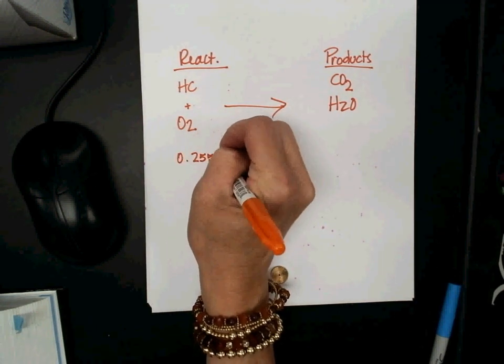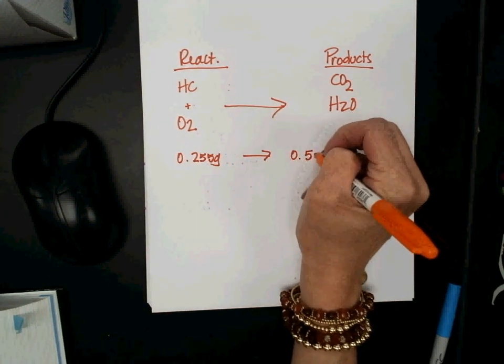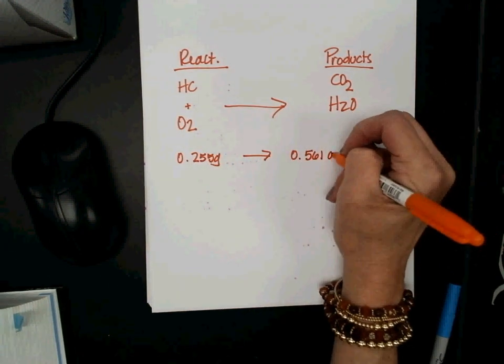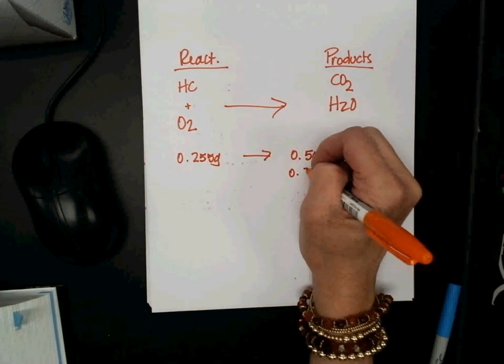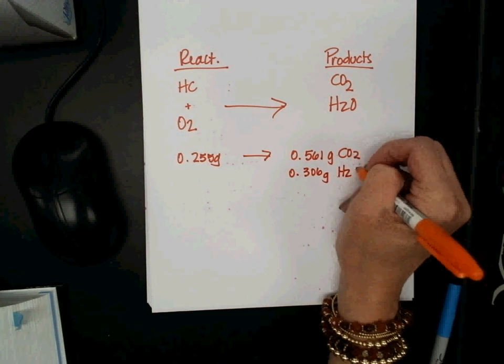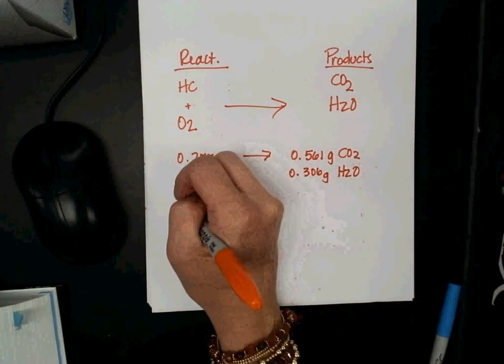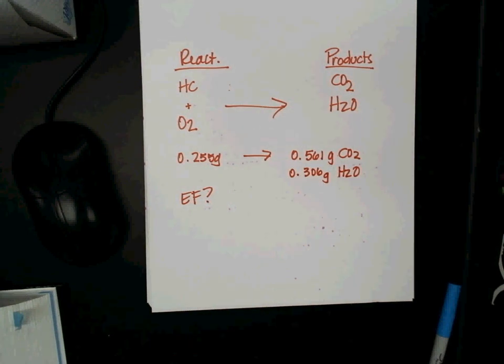Isopropyl alcohol is composed of carbon, oxygen, and hydrogen. I have a 0.255 gram sample, and it produces 0.561 grams of CO2 and 0.306 grams of H2O. And I'm being asked for the empirical formula.